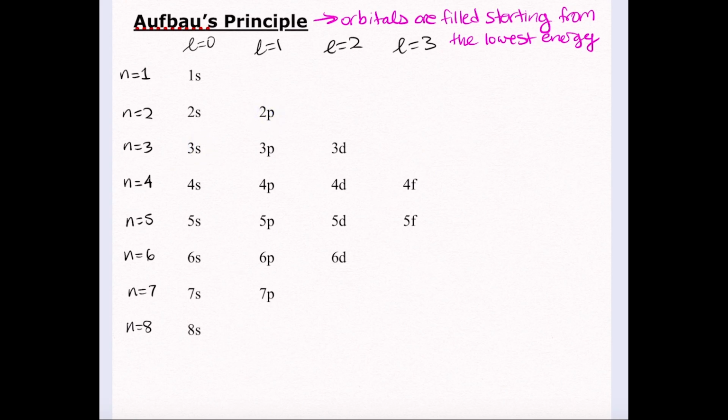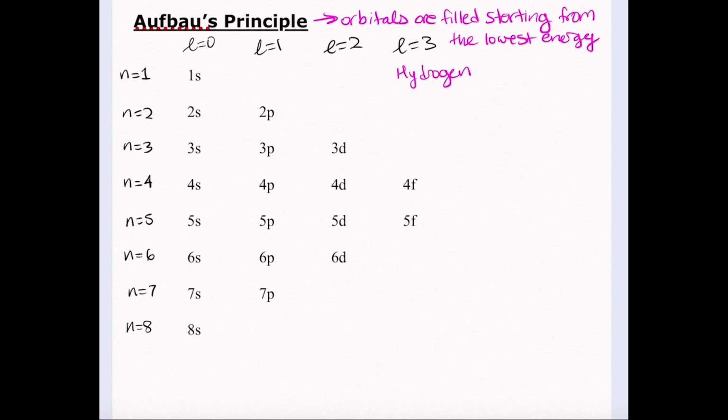If you're wondering what a subshell is, essentially it's made up of orbitals, and an orbital is a mathematical function that describes the location and wave-like behavior of an electron in an atom. So if you're wondering what an electronic configuration looks like for a certain element, well, for example, let's use hydrogen.